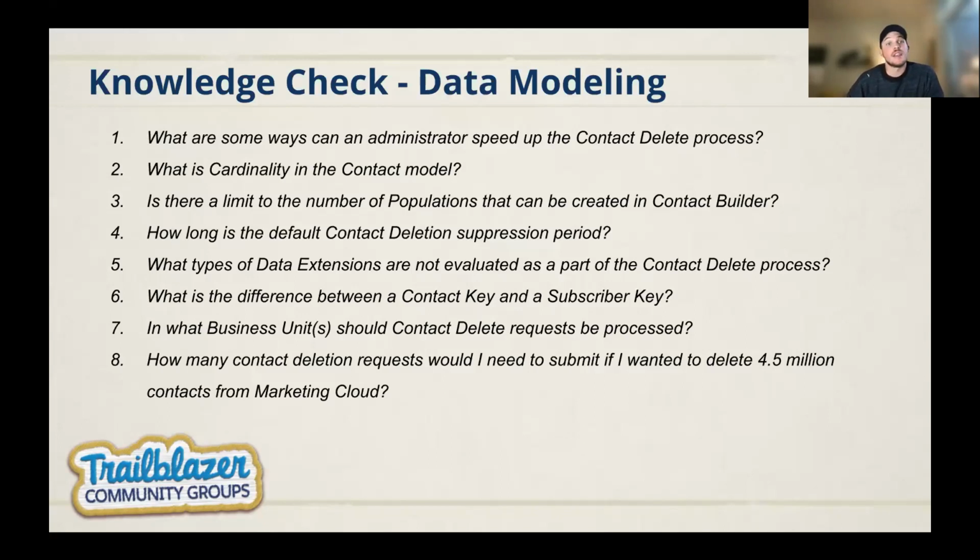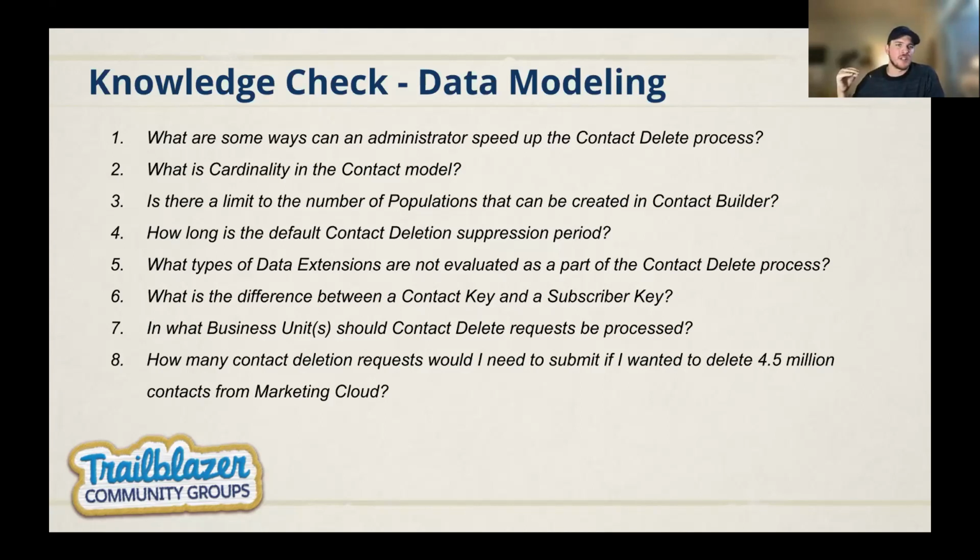So the easiest way is certainly to reduce the suppression period from the default of 14 days to 0 days. If you needed to get something done by tomorrow to maybe remove the number of contacts that you have, or someone is particularly adamant on being removed from Marketing Cloud, you can speed that up by changing the suppression period.